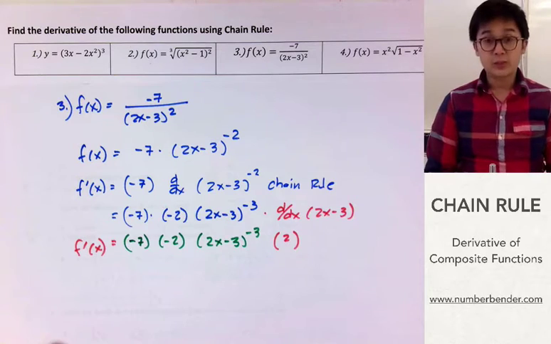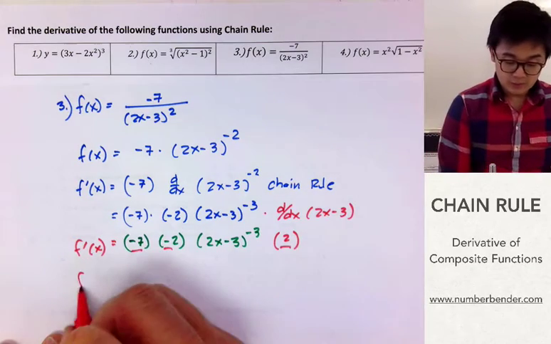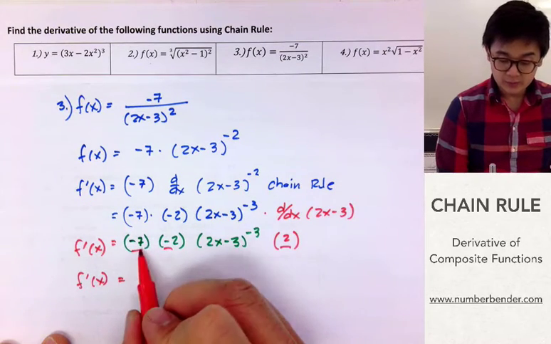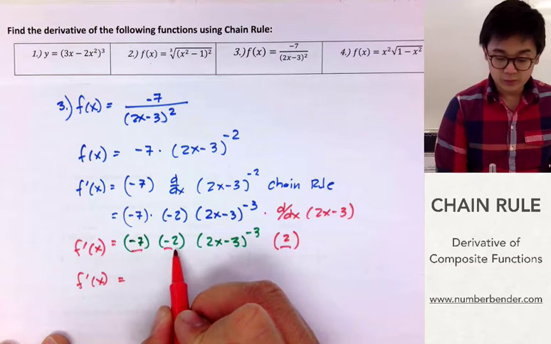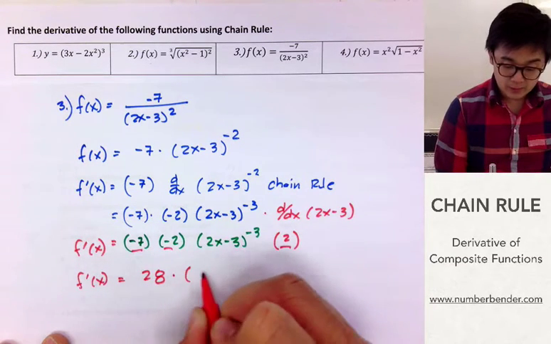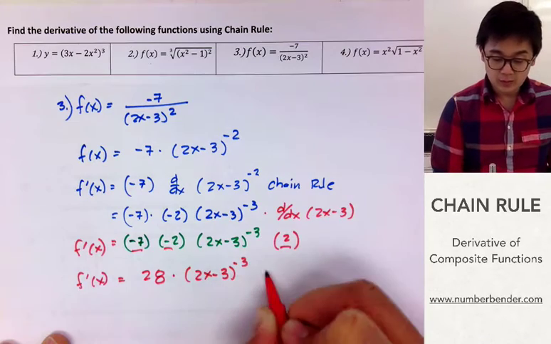But if you want to further simplify this, we can combine the constants. So f prime of x is equal to positive 7 times 2, which is 14, times 2 is 28, multiplied by (2x minus 3) raised to the negative 3.